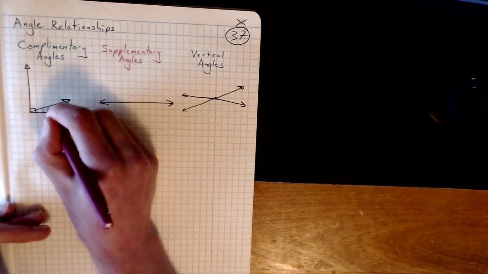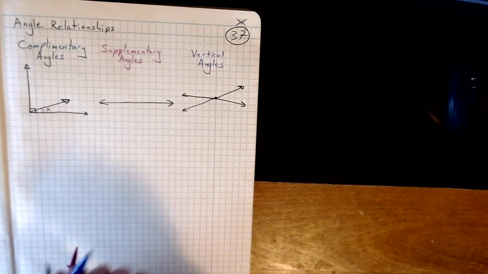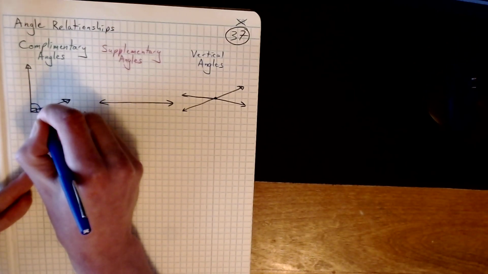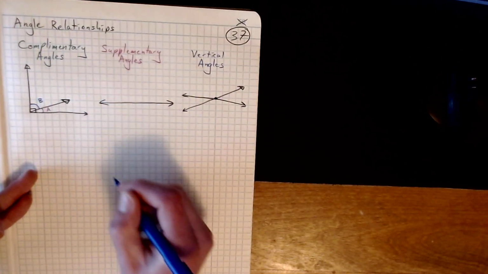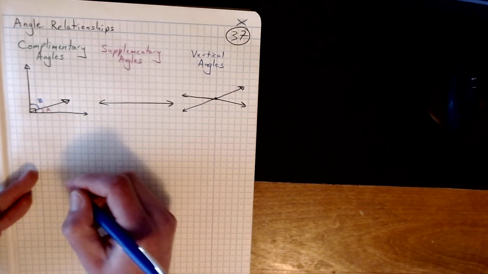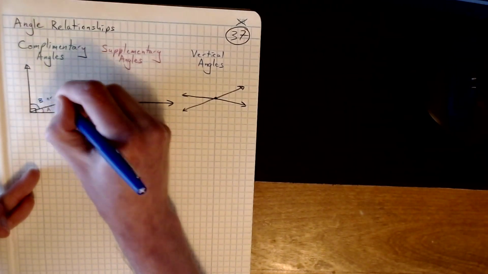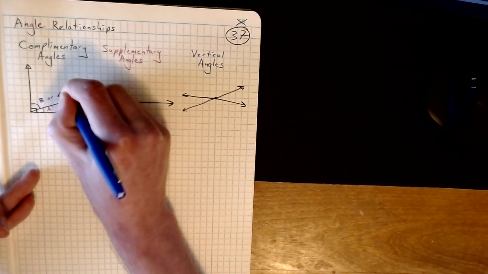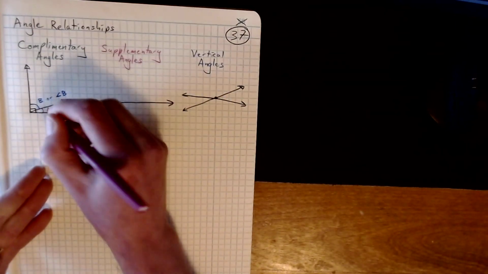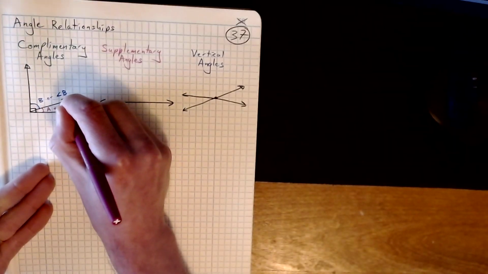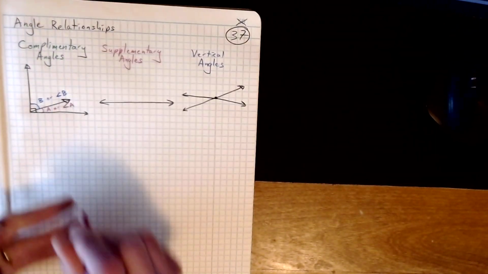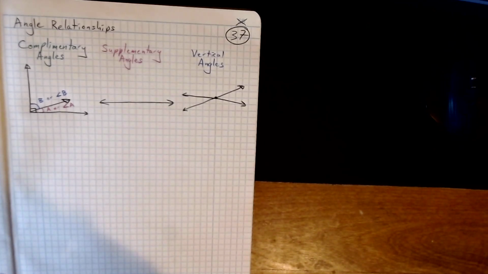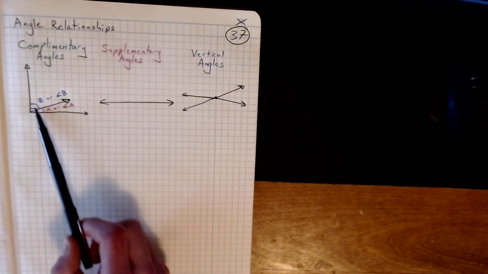We'll just call this angle A and angle B. Or if you want to be a little bit more specific to say that's the angle, you could say angle symbol B and angle symbol A. Alright, so first off we established this opens up to a 90-degree angle.